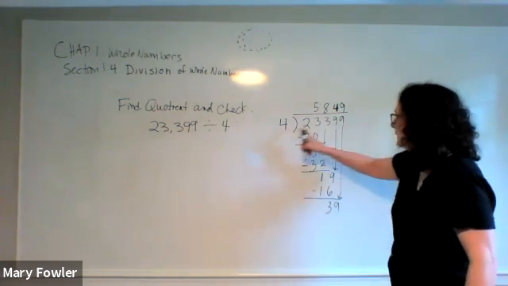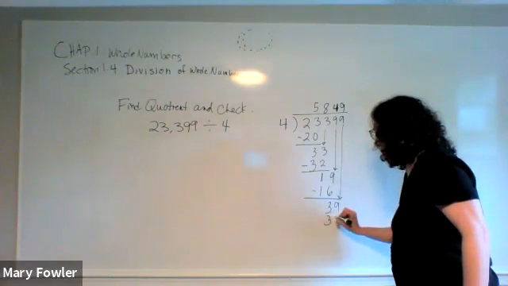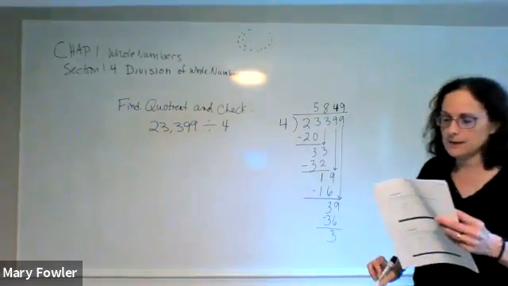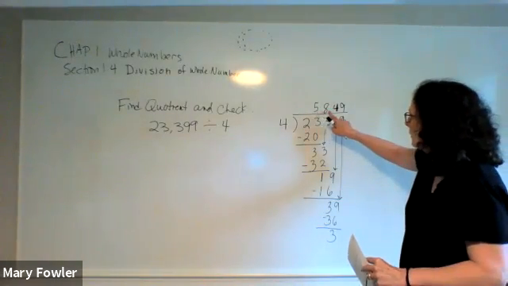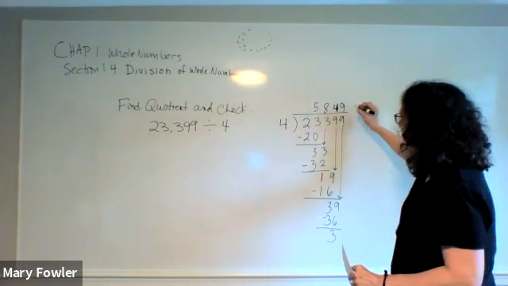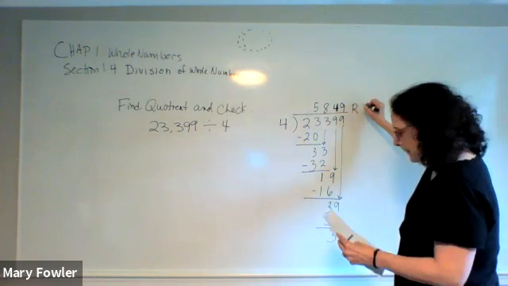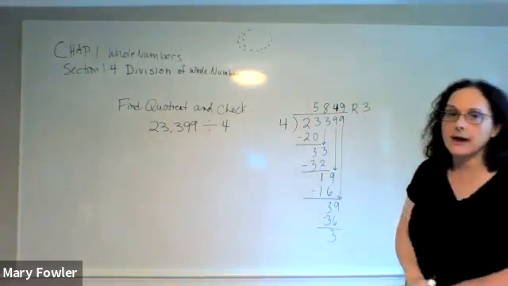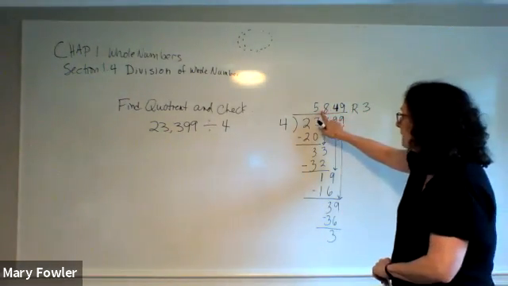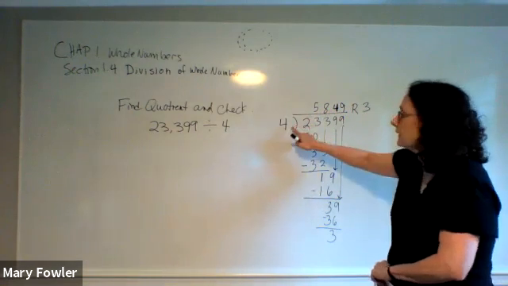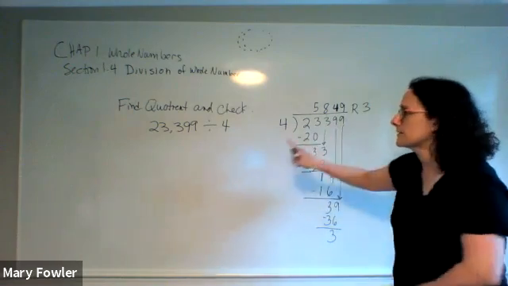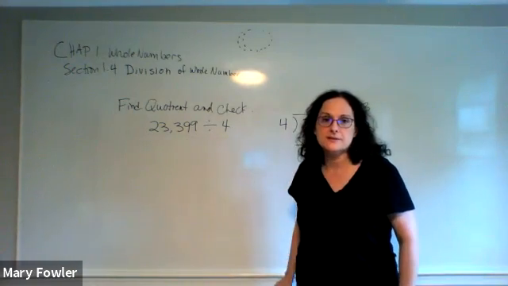And we're going to say 9 times 4 is 36 and subtract. We get 3. So the answer is 5,849 with a remainder of 3. Okay, so to check, what we need to do is multiply 5,849 times 4 and add the remainder and see if it brings us back to our dividend.